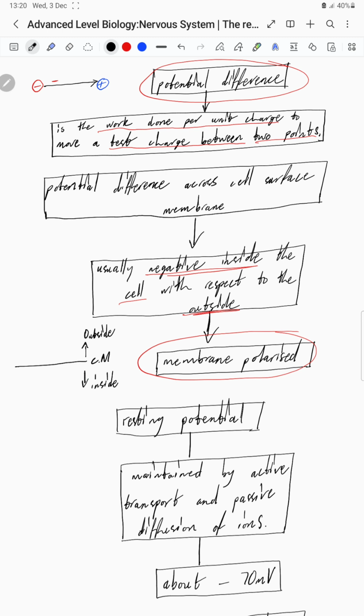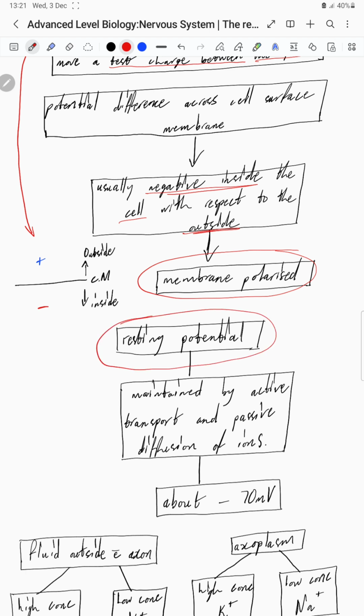So we are saying that the inside is relatively negative and the outside is relatively positive. Now if we look into our first diagram, we realize that there is some similarity between these two diagrams.